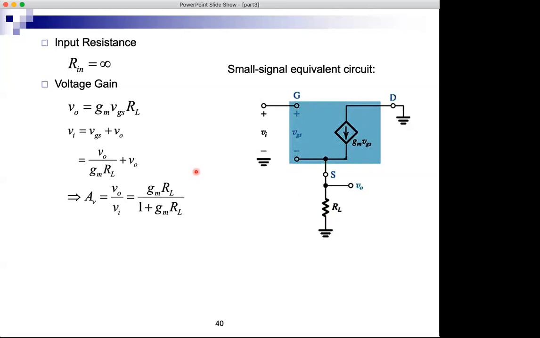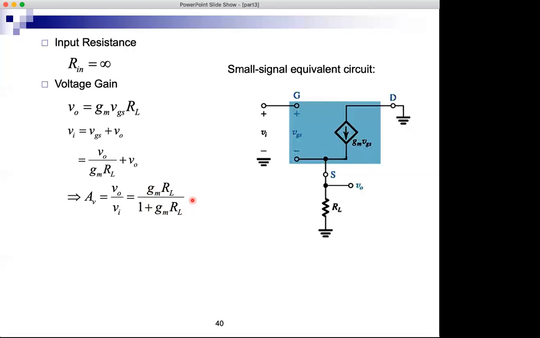So we get a gain VO over VI, which is GMRL over 1 plus GMRL, which means that because GM and RL are positive, this is less than 1 overall. So the gain of the common drain is less than 1.